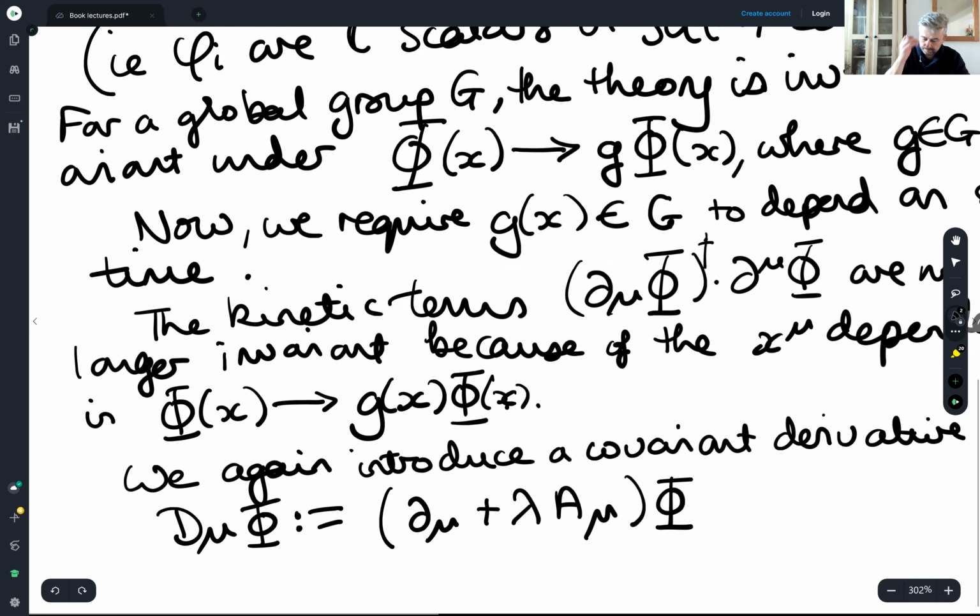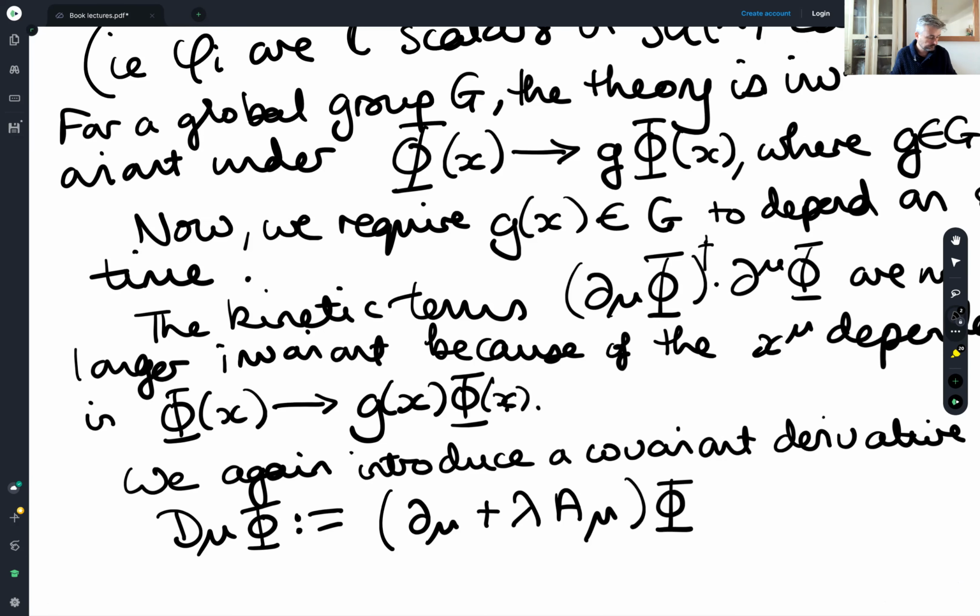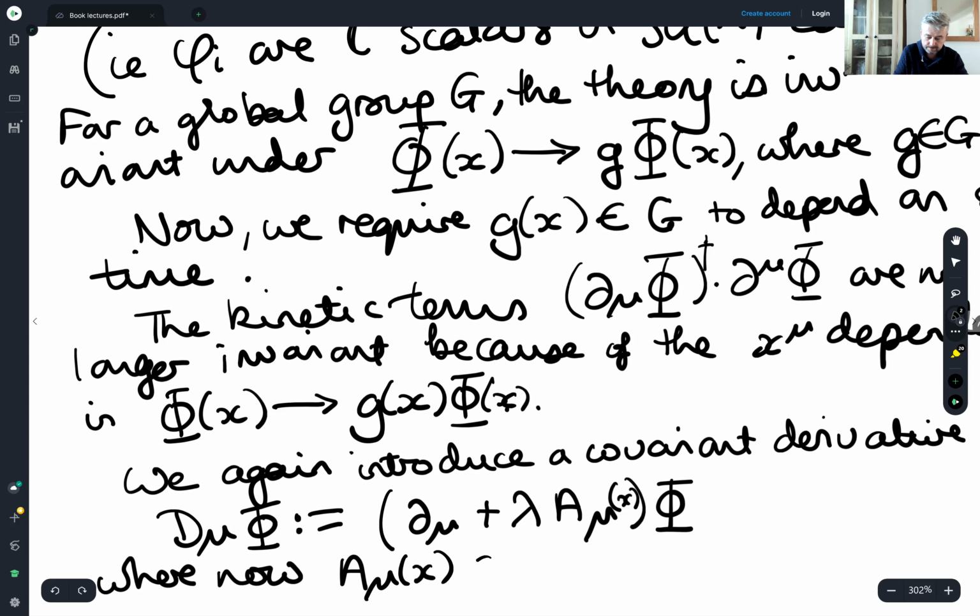So we've introduced a couple of things here. So now we've introduced another A mu field, but now A mu of x is in the Lie algebra of G. Lambda is just some real parameter, a gauge coupling constant.